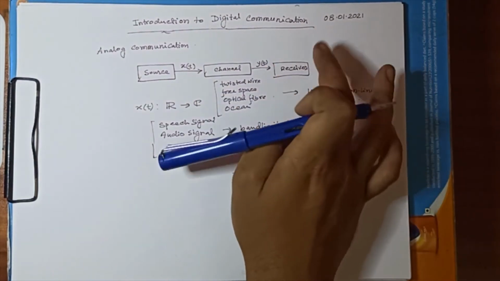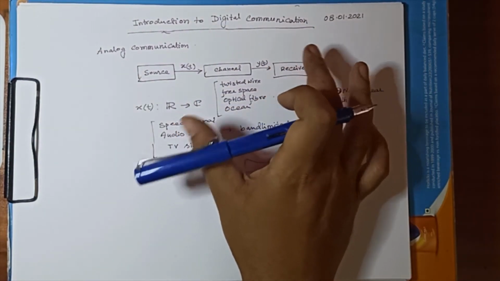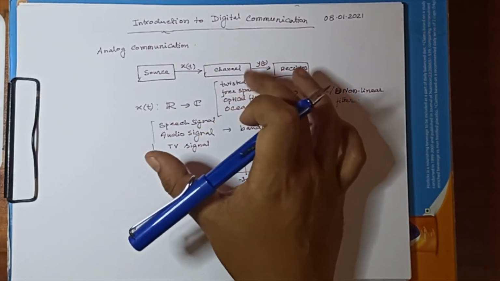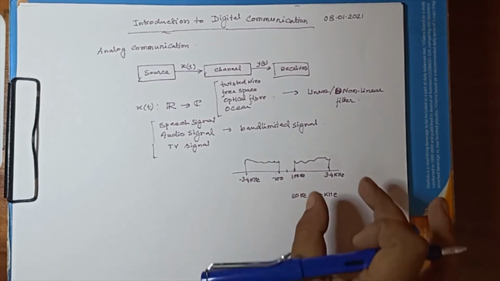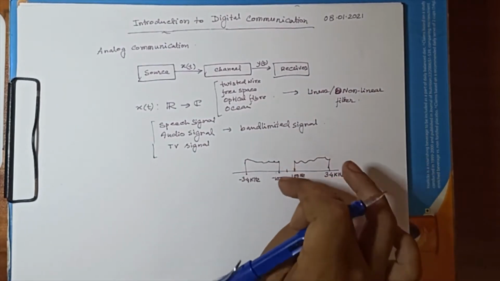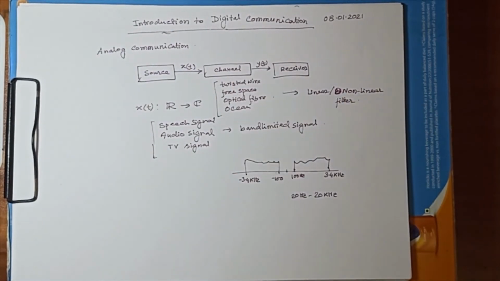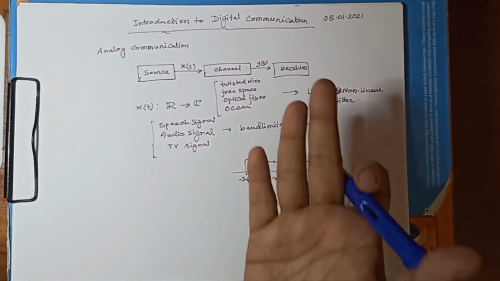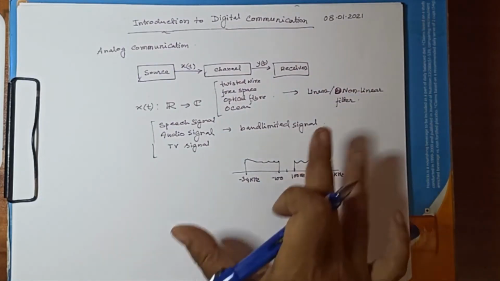The receiver design in analog communication is basically to remove the artifacts caused by the channel, and also to demodulate. Because you are transmitting this signal which is between 100 Hz and 3.4 kilohertz, and suppose the channel is a few megahertz or even gigahertz, you have to translate it in the spectrum domain, which is called modulation, and then demodulate it at the receiver to get back the original signal.